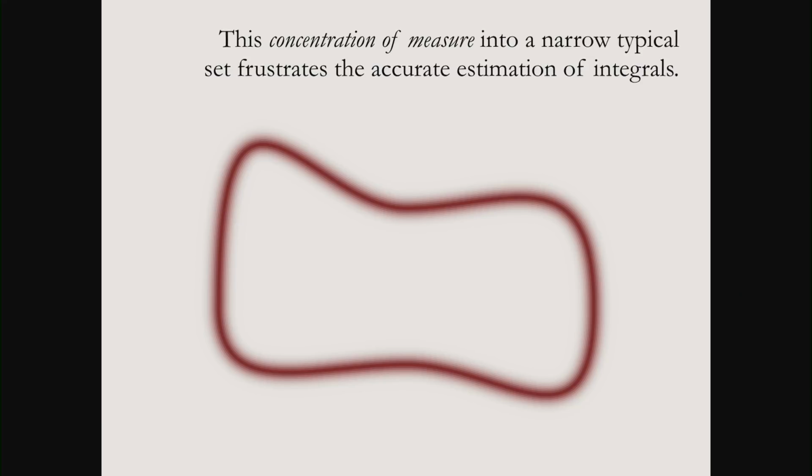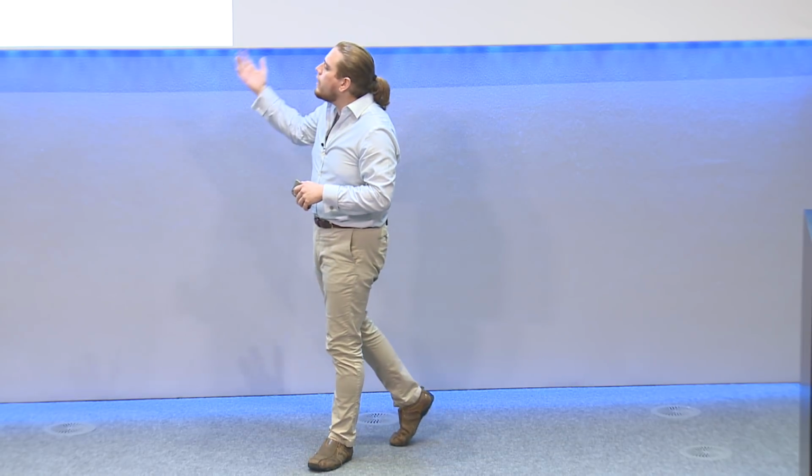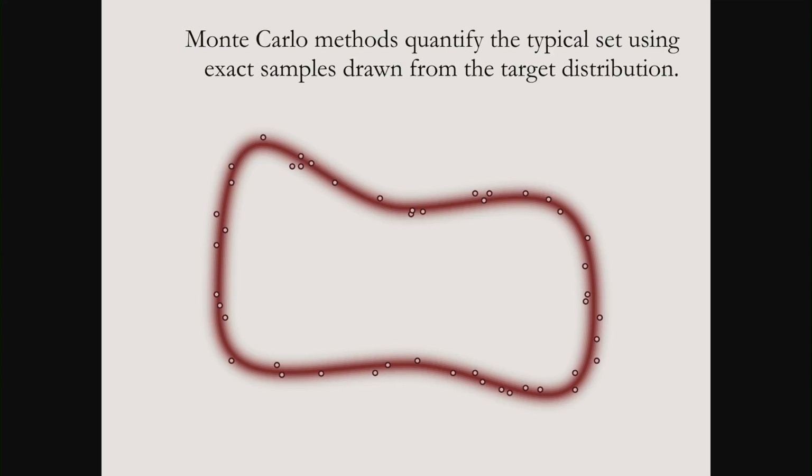Now, one way of doing this efficiently is to appeal to something called Monte Carlo. In Monte Carlo, we draw samples from this distribution. And the thing about samples is that they have to follow probability mass. It's kind of the definition of what a sample is. But if all of our probability mass is in the typical set, then our samples will, in fact, concentrate in the typical set. So I can now approximate integrating over all of parameter space by integrating over the typical set.